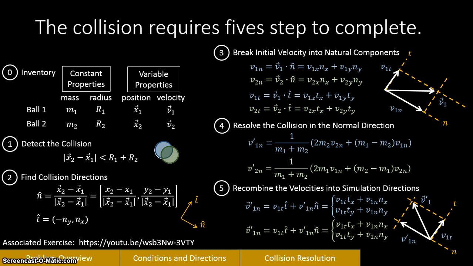Fairly simple. Then you just recombine everything. Everything will be great after you recombine it. And you do that by treating the components that you found in 3 and 4 as vectors. How do you treat them as vectors? You multiply them by the unit vector in the direction they're supposed to be pointing in, right? So you find the tangential velocity by taking the tangential speed, v1t, and multiplying it by the unit tangent.